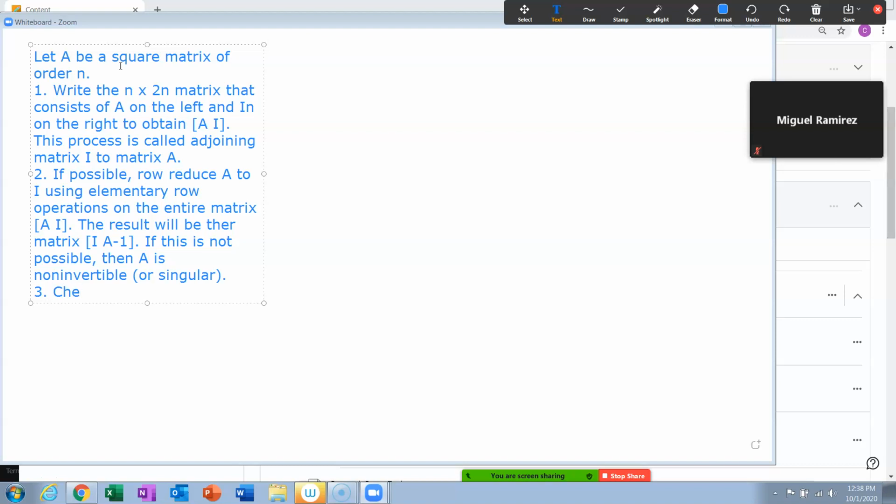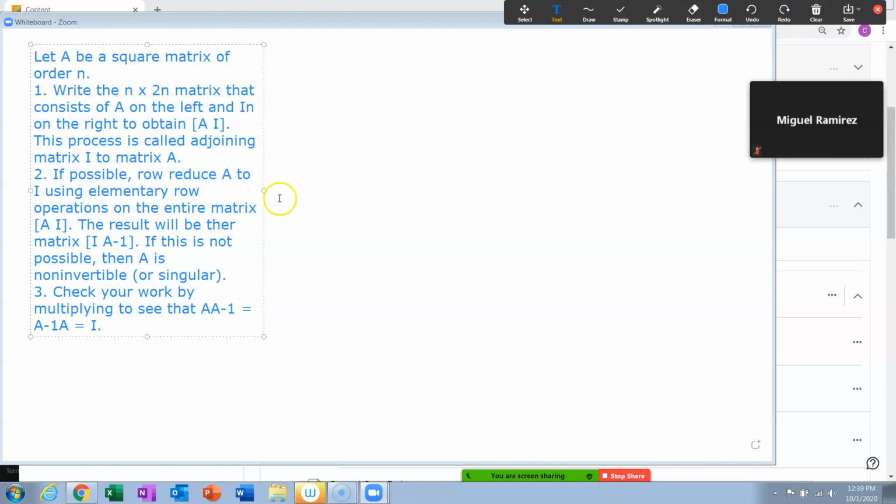Check your work by multiplying to see that A times A inverse is equal to A inverse times A, and both of those are equal to I. They wrote the I in the middle, it doesn't matter.